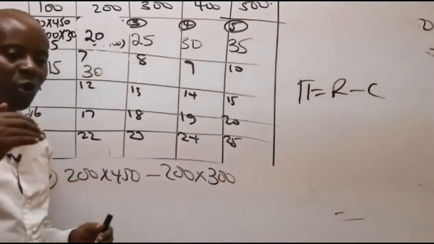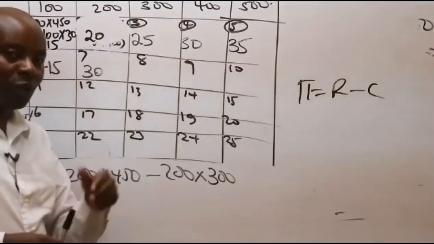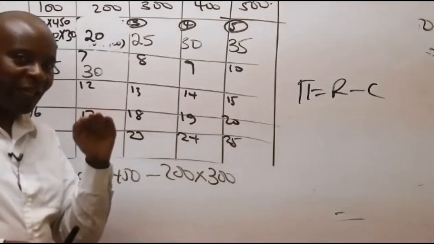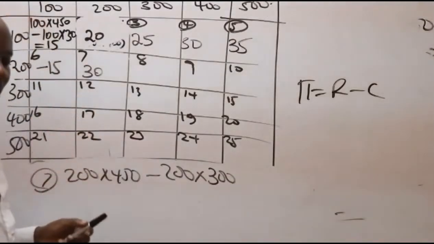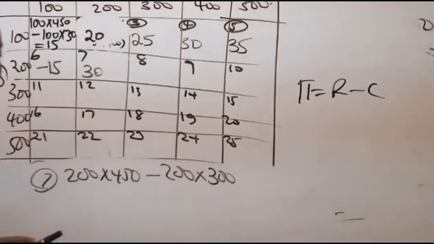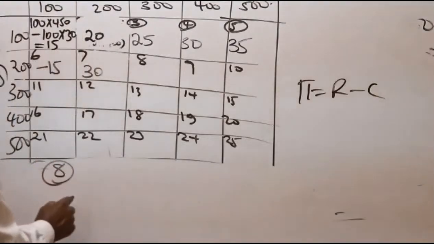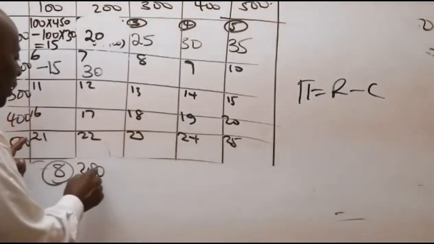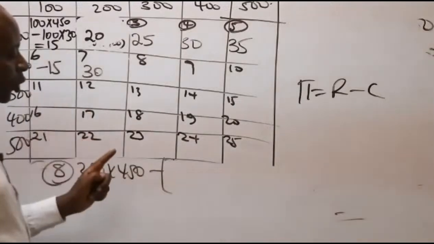So we have to go back to our production and produce some fresh order to cover the excess demand. For cell number 8, I'll sell the higher: 300 times 450, minus our cost of production, which will be two parts.